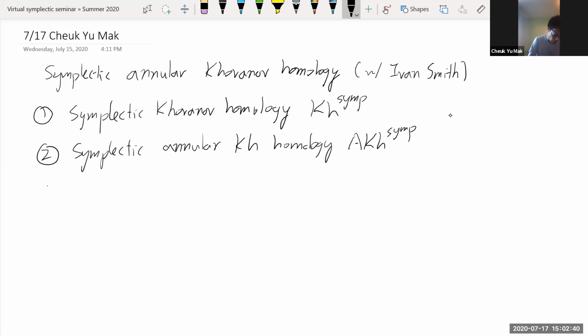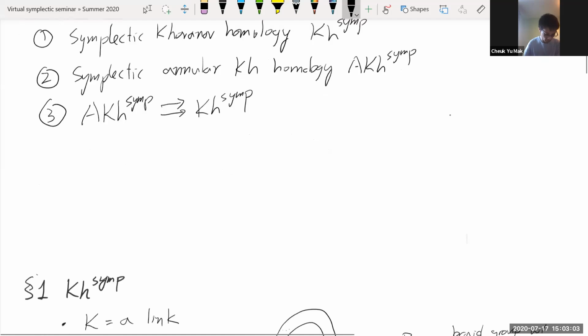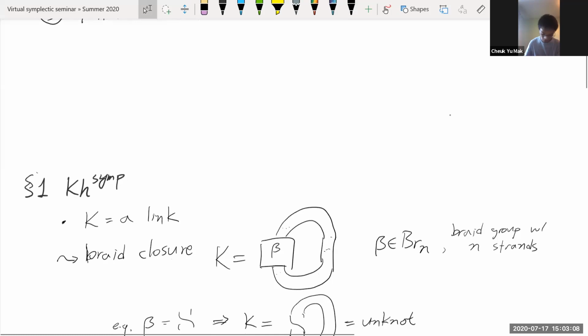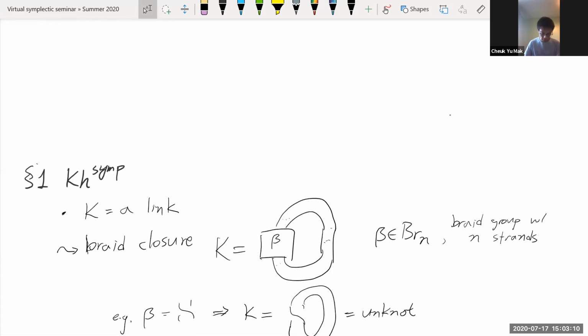And finally, I will explain how to construct a spectral sequence from the symplectic annular Khovanov homology to the symplectic Khovanov homology. So let's move on to the first part.